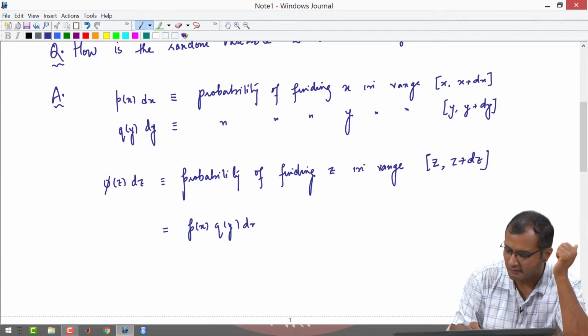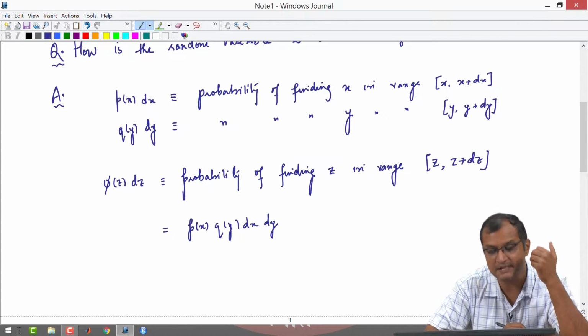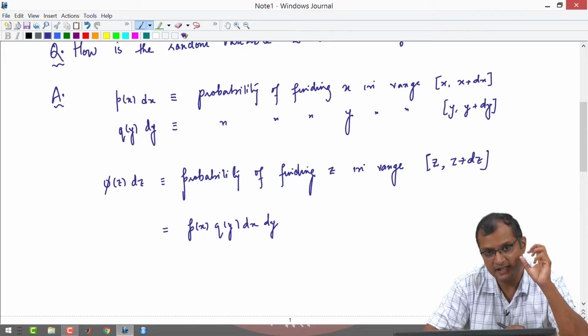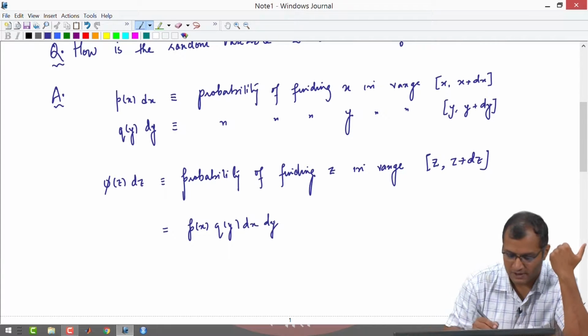into dx dy. You will be tempted to say that since p of x dx is the probability of getting x in the interval x to x plus dx, q of y dy is certainly the probability of getting y in the range y to y plus dy. So, phi of z dz, where z is the sum of x plus y, is given as p of x dx into q of y dy. No, that is not true.